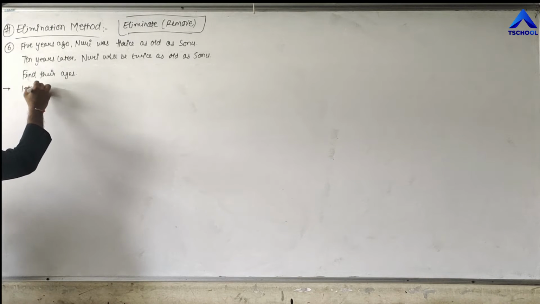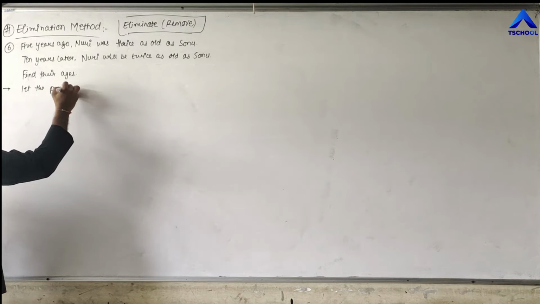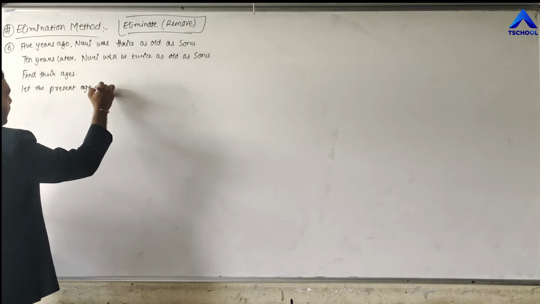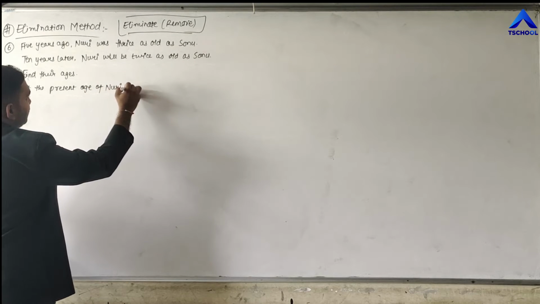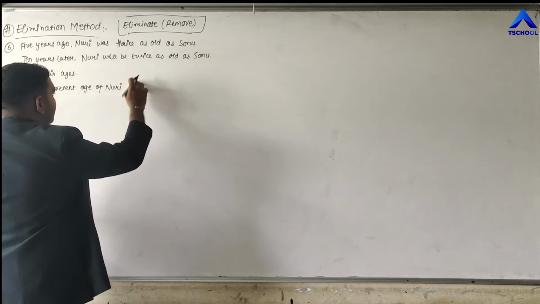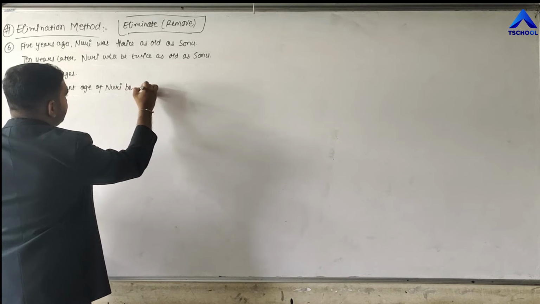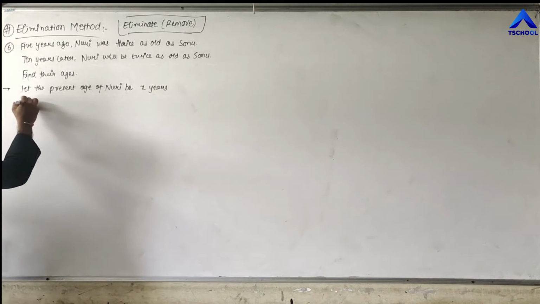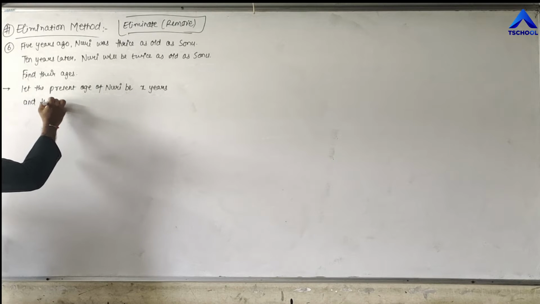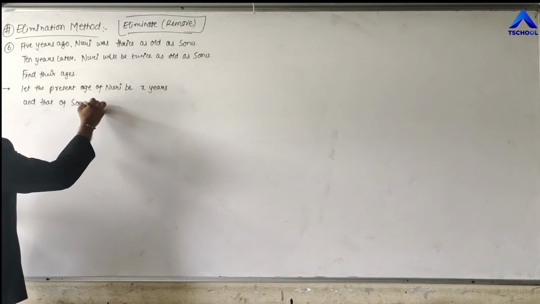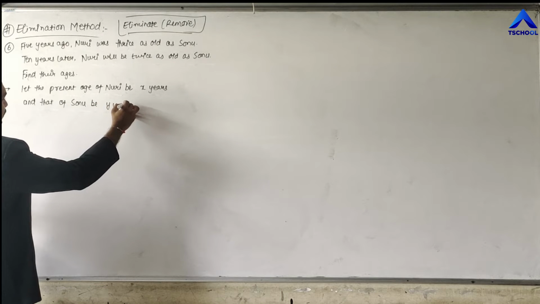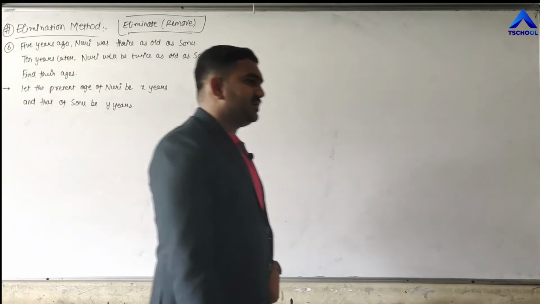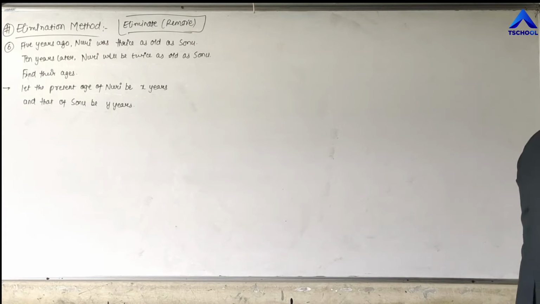So let the present age of Nuri be x years and that of Sonu be y years.